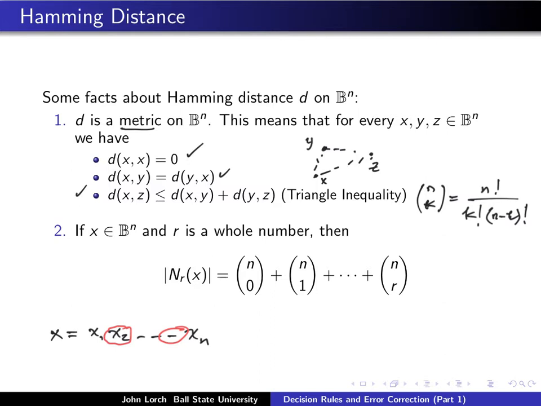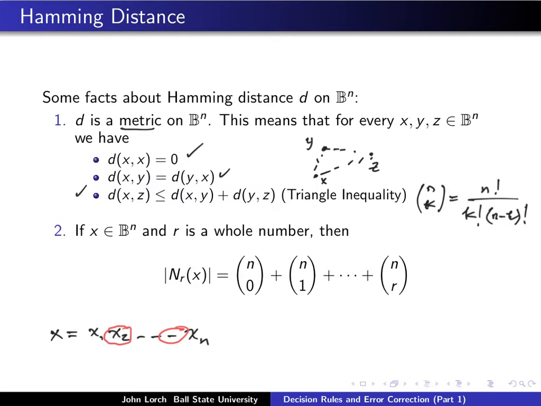So the act of choosing those 2 slots, how many ways can I do that? Well, I have n slots altogether, and I'm choosing 2 of them to flip the bits, so it's n choose 2 altogether. Now, there's nothing special about 2. It could be 1 or 3 or whatever.